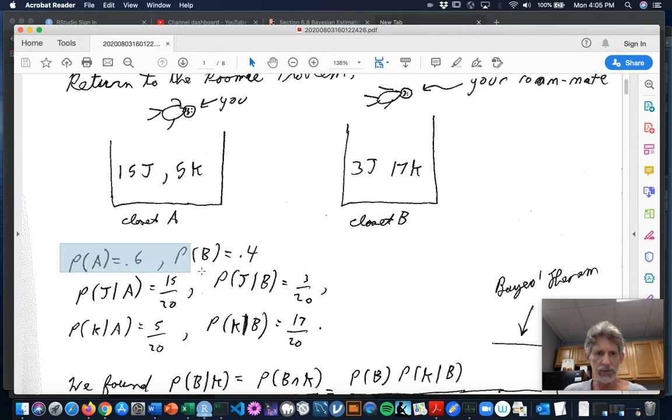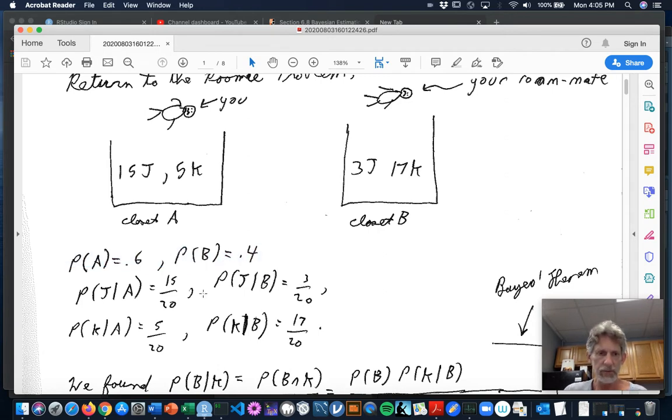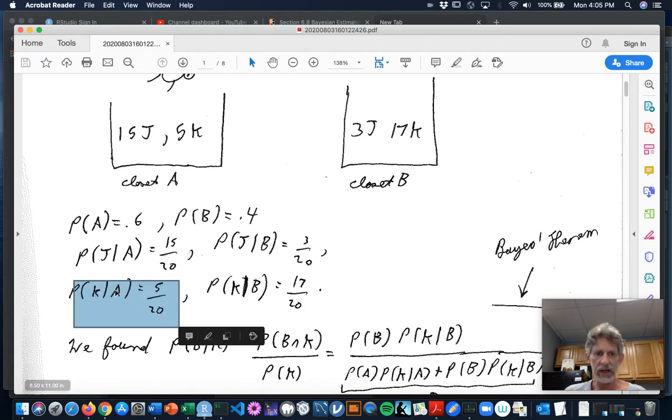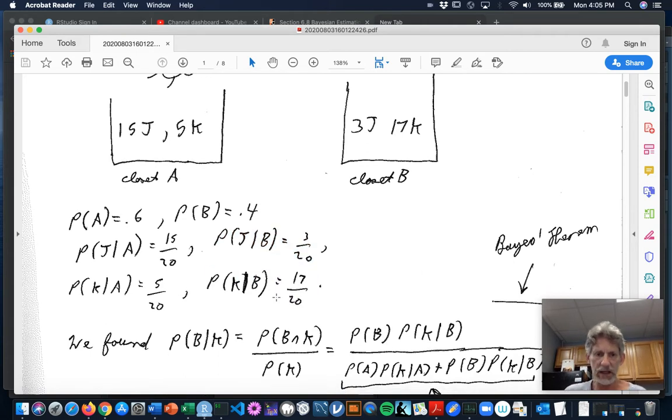You have a little bit bigger chance of picking your own closet, 60%, but a 40% chance of walking into your roommate's closet. So if you pick your own closet, your chance of picking jeans is 15 out of 20. And your chance of picking khakis is 5 out of 20. But if you pick your roommate's closet, you only have a 3 in 20 chance of jeans. You have a 17 out of 20 chance of khakis.